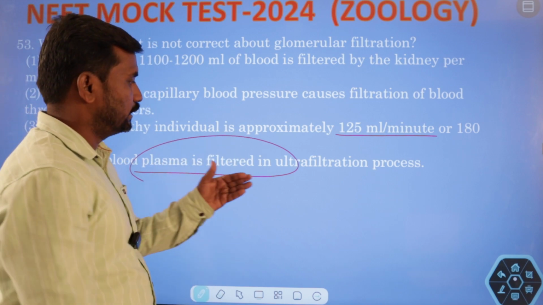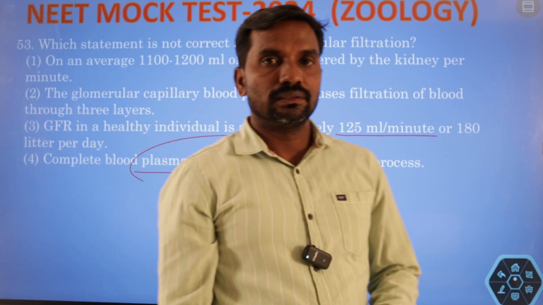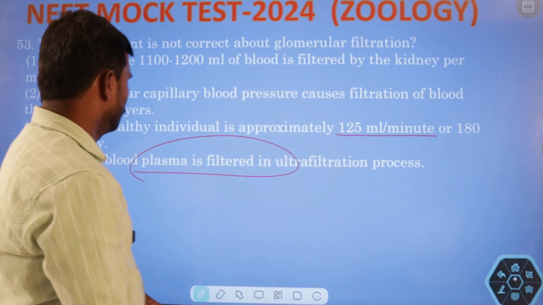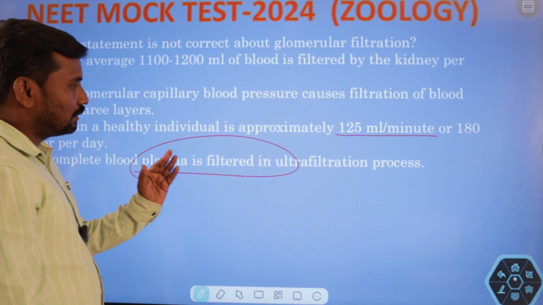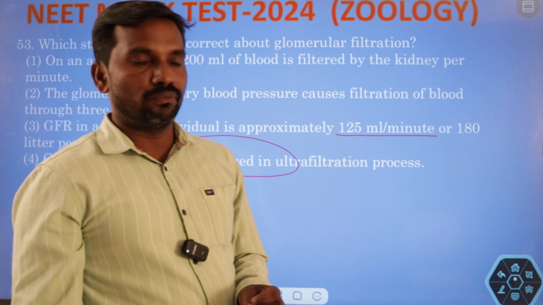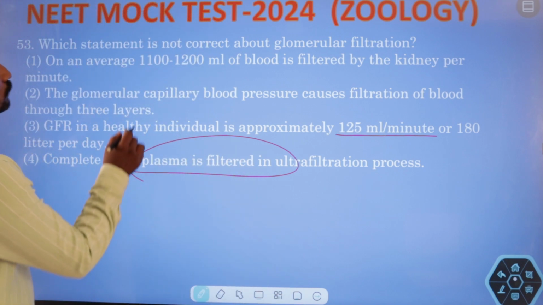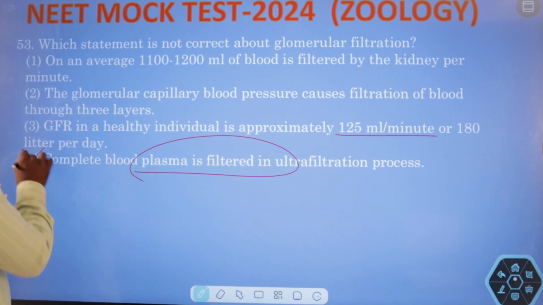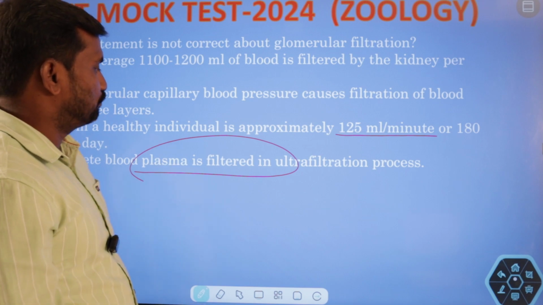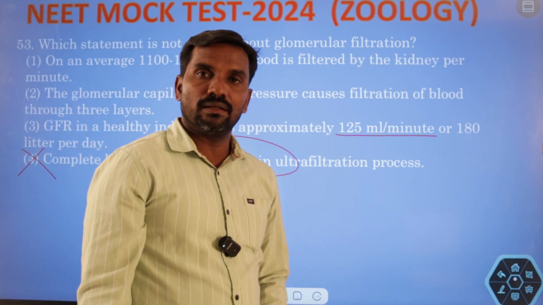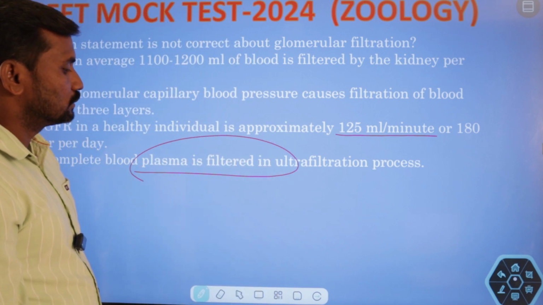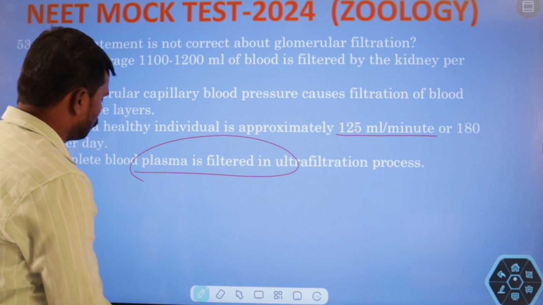Some amount of protein escapes filtration. So the incorrect statement is that the complete blood plasma is filtered in the ultrafiltration process. Some amount of protein is unable to filter through the process.